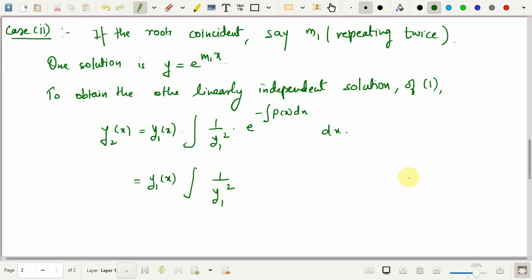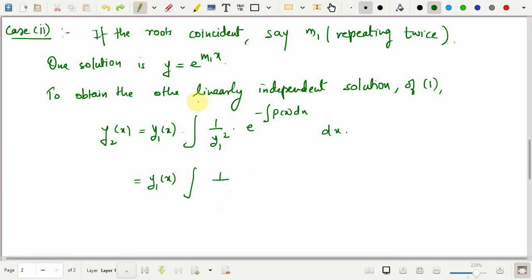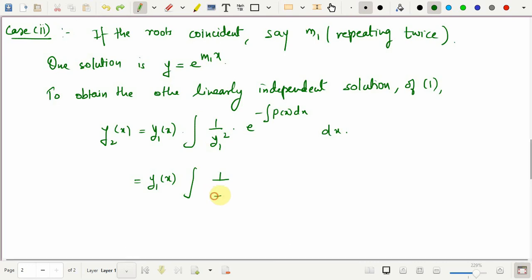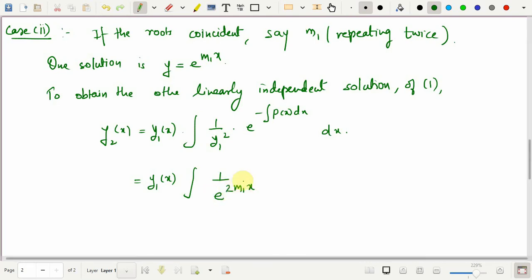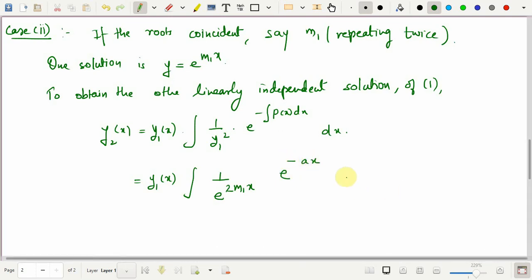Here p is your a, so integral of a dx will be the same as ax. By the way, what is y1? y1 is e raised to m1 x, so squaring it I'll get e raised to 2 m1 x, and so this will be the same as integral of e raised to minus ax into dx.